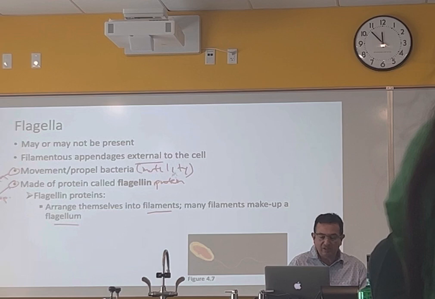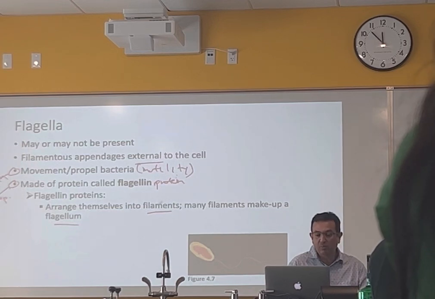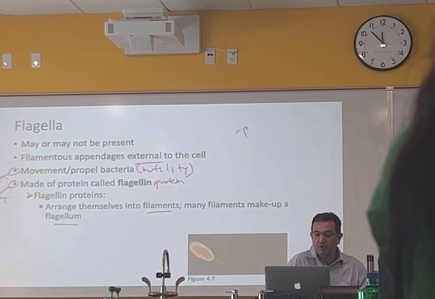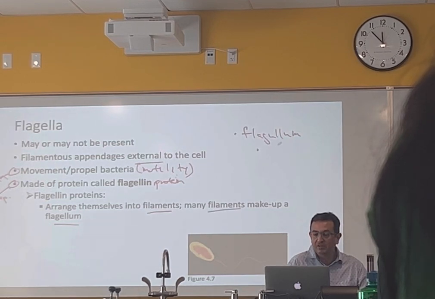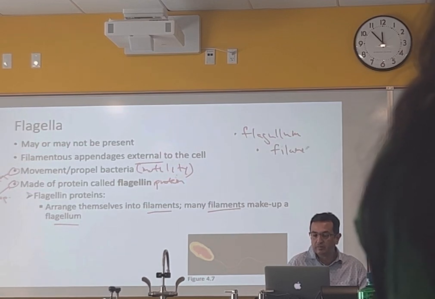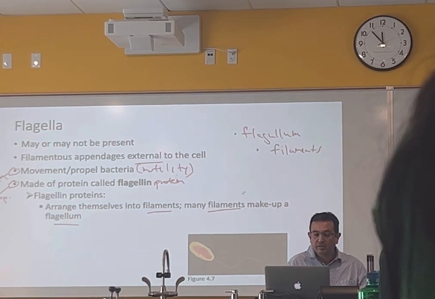I think on the next slide I rewrote this a little bit for you, but again, I'll indent to the right. So you have a flagellum, right? A flagellum is made of several filaments, so that's why I'm indenting to the right. And then the filaments are made of flagellin proteins.